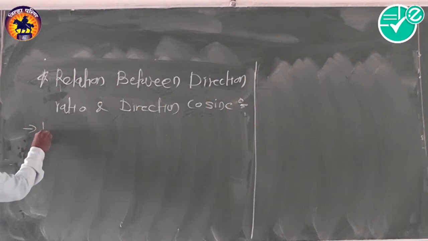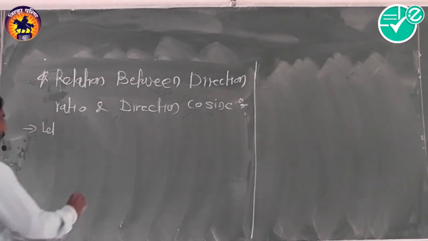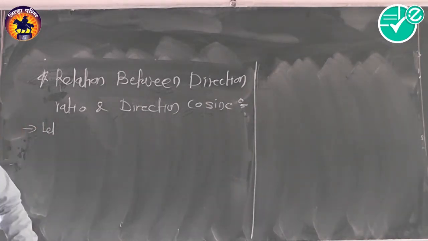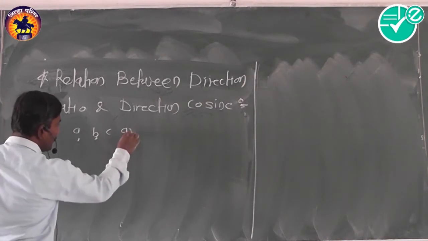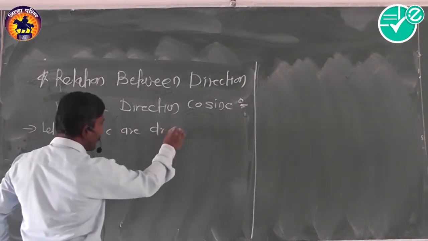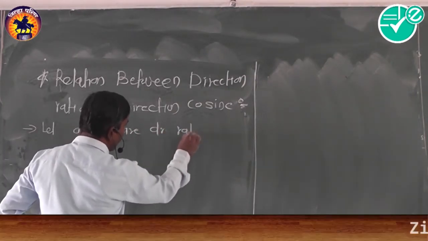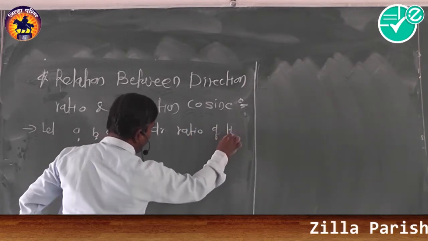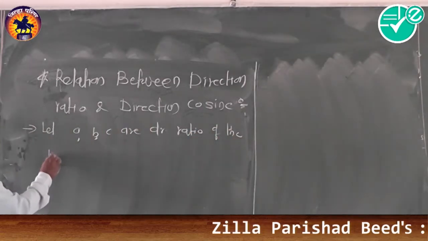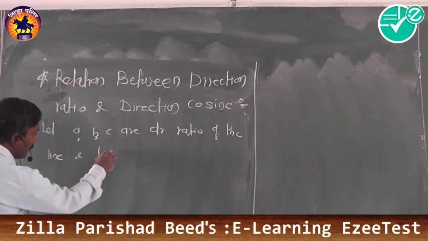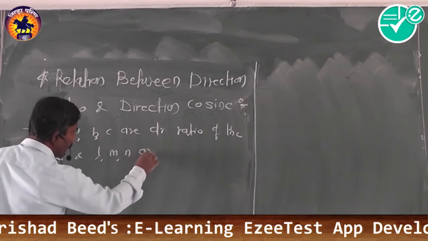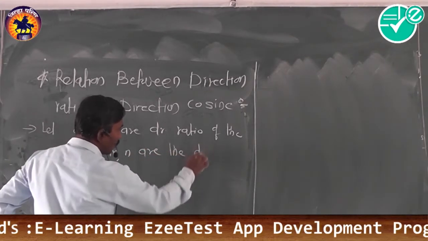Now let A, B, C be direction ratios of the line, and L, M, N be the direction cosines of the line.